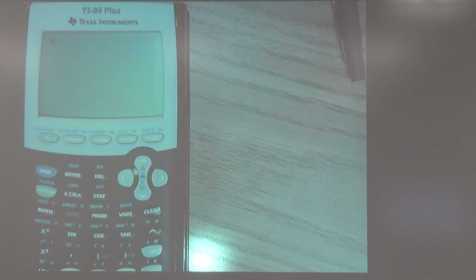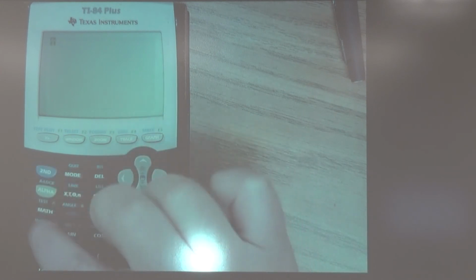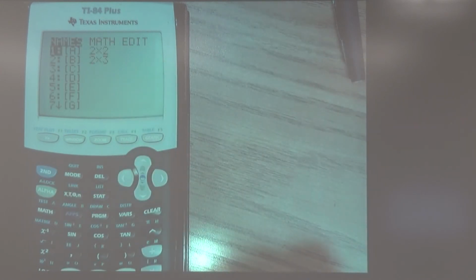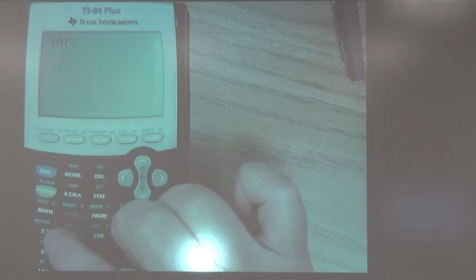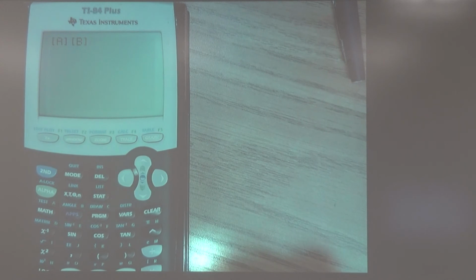Quit. Go to matrix. From names, choose matrix A. For multiplication, I don't need to hit the multiplication sign. It's going to know it's multiplication. I'm going to choose matrix B. It knows to multiply them. And there's our product. Let's try one more just to see.